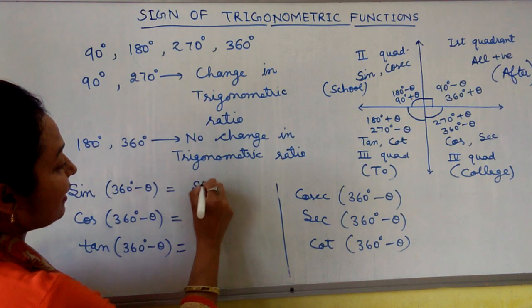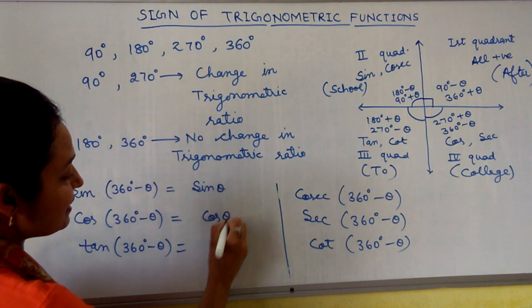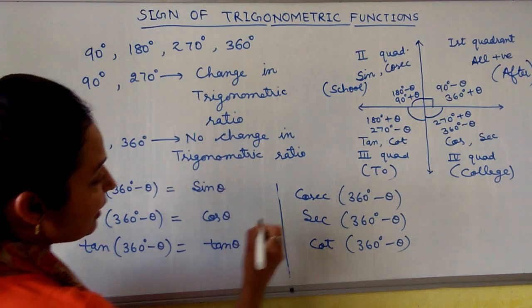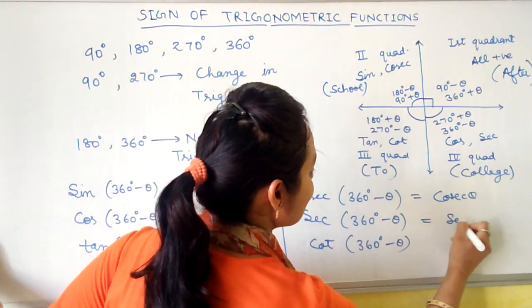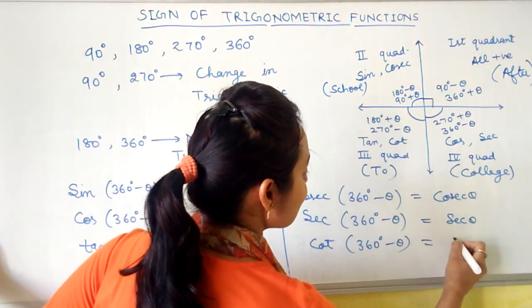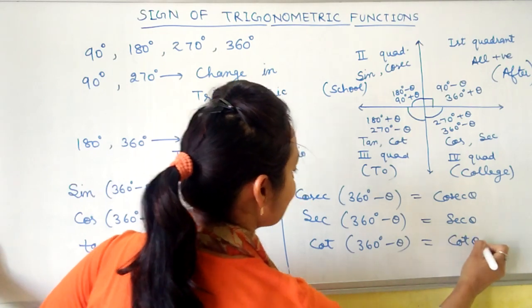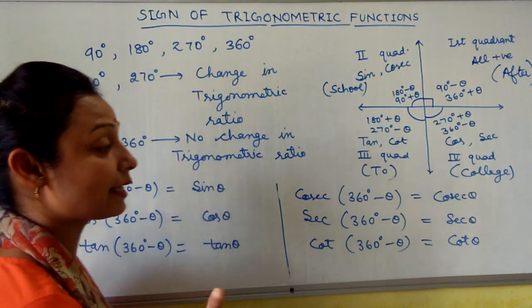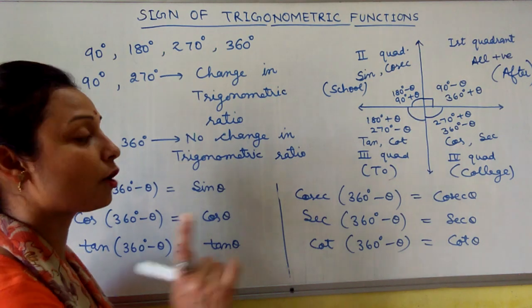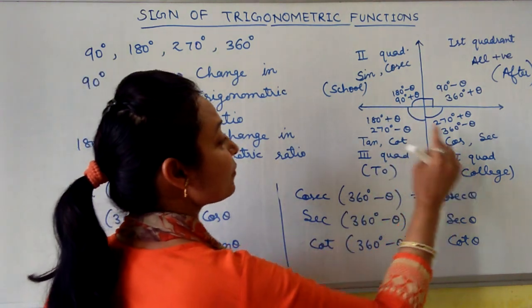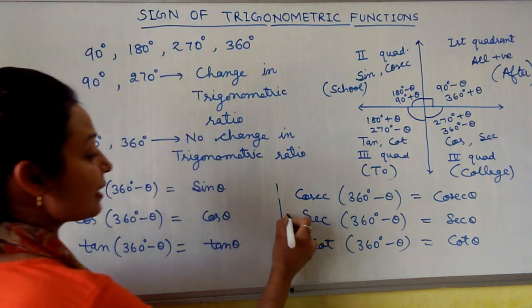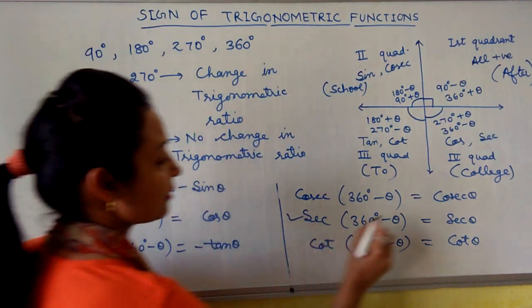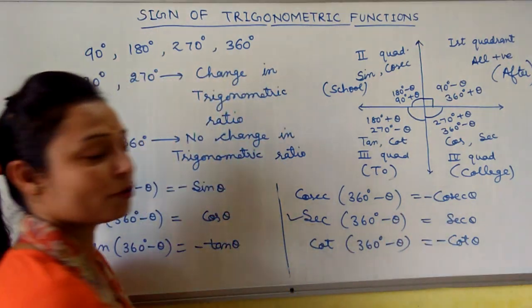So sine remains as sine, cos as cos, tan as tan, cosecant as cosecant, secant as secant, and cot as cot. But the negative and positive sign will be changed according to the quadrants. So this is the fourth quadrant. The fourth quadrant is for cos and secant. The others are negative.